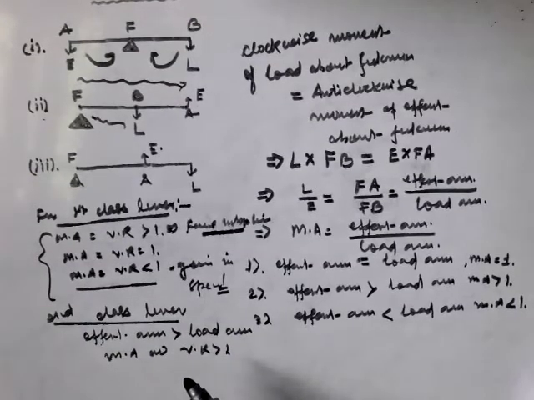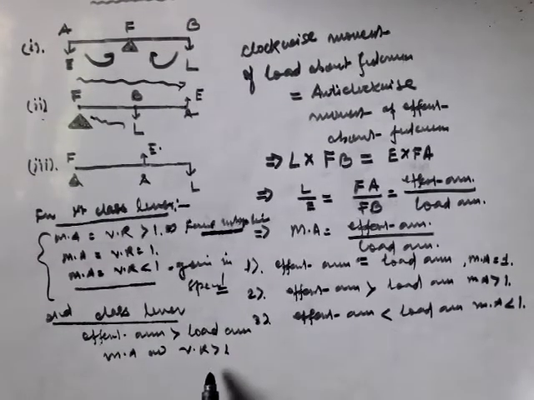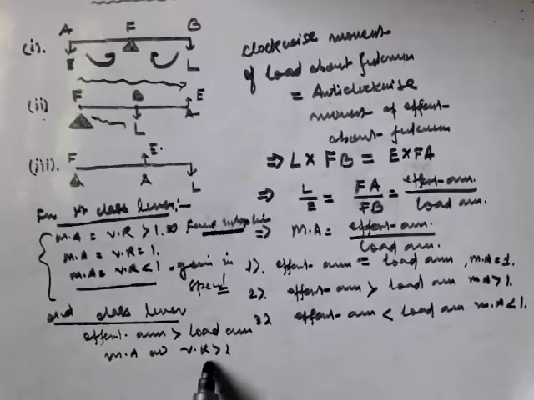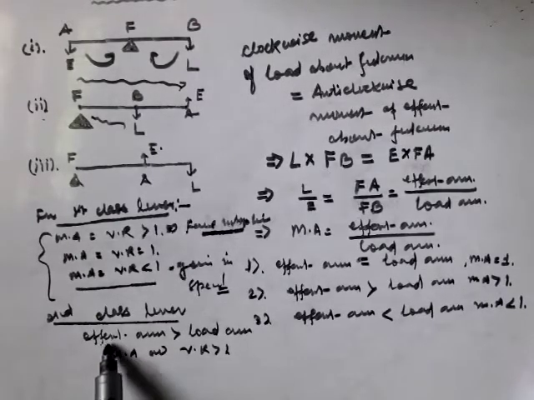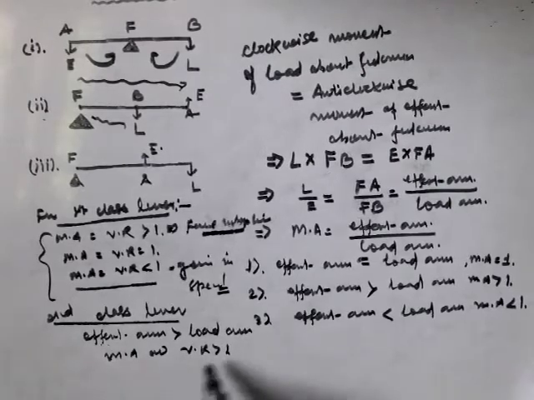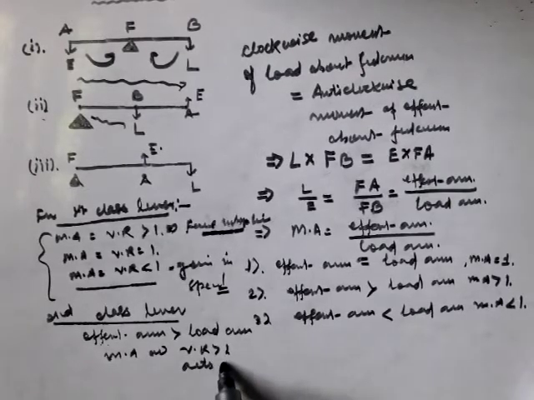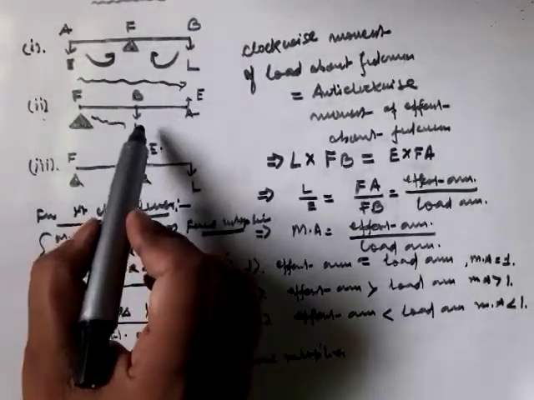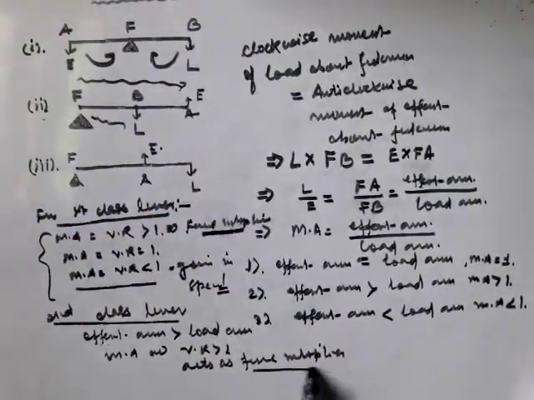So when mechanical advantage and velocity ratio is greater than 1, it always acts as a force multiplier. So the second class lever always acts as a force multiplier.